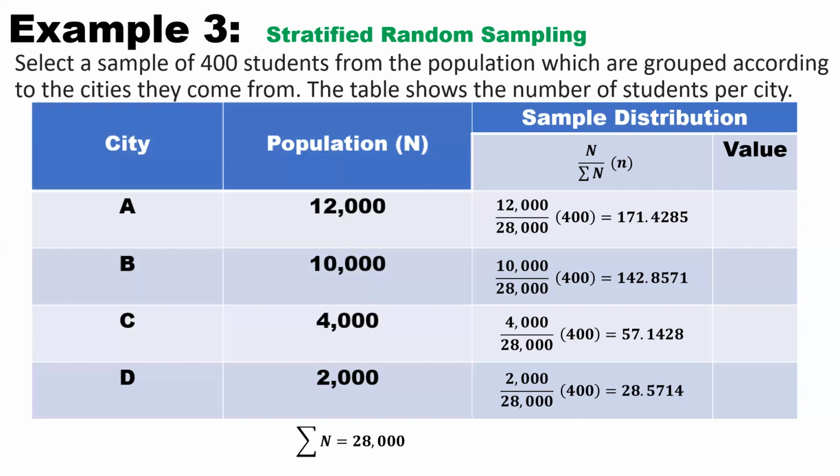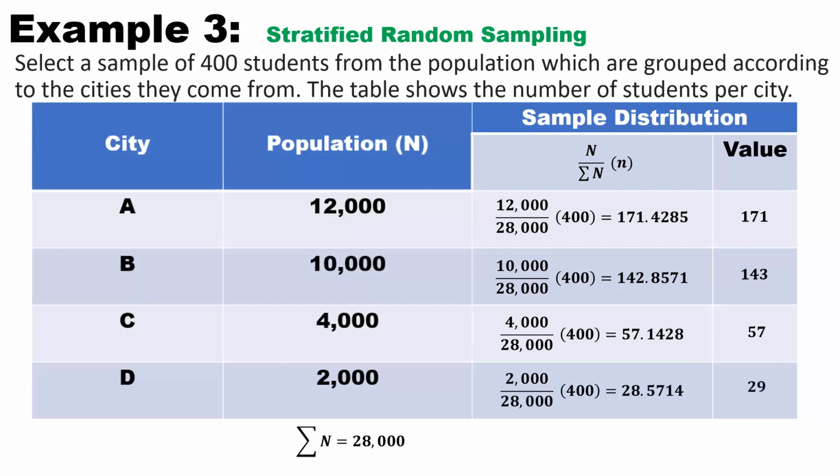And you will round up and round down this using our technique before. So dahil 4 yung katabi nito, so magiging 171. Dito naman 142.858, so magiging 143. 57.1, so 57. Then 28.5, therefore 29.